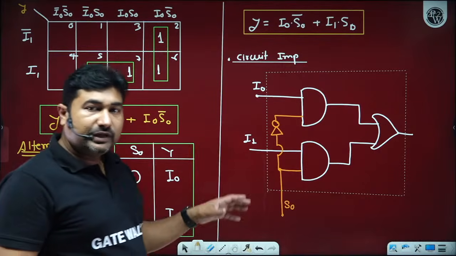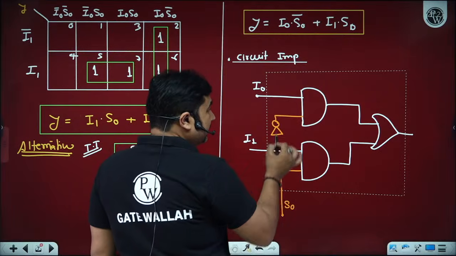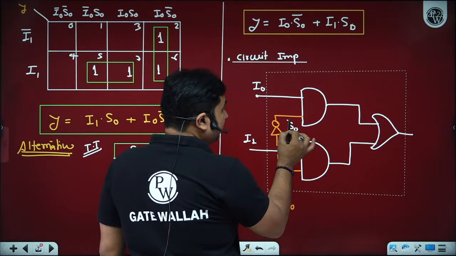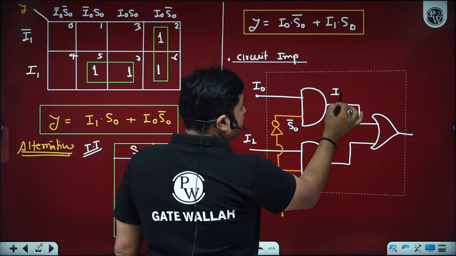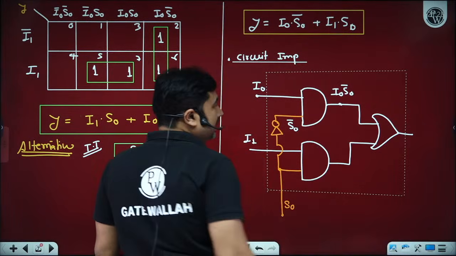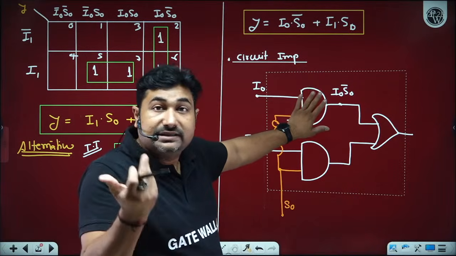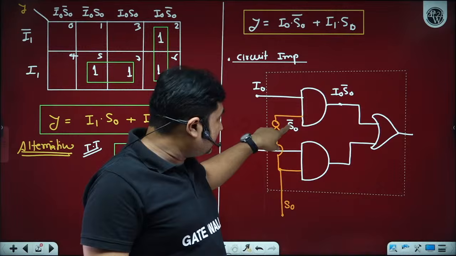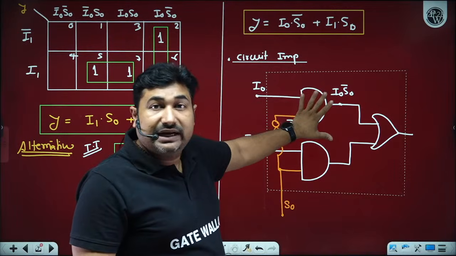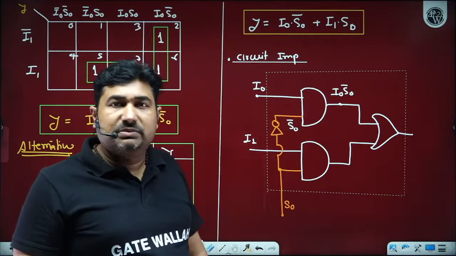How many of you are able to understand up to this part, beta ji? If we have select here, we get S0 complement here, and we get I0 S0 complement. We will get I0 only when S0 is low. Otherwise, if S0 is high, this AND gate gets disabled. If S0 bar is 0, this AND gate is disabled irrespective of I0, and no information is transferred.